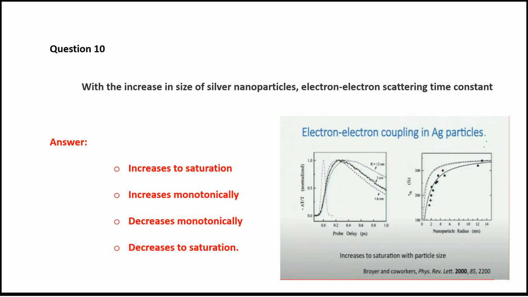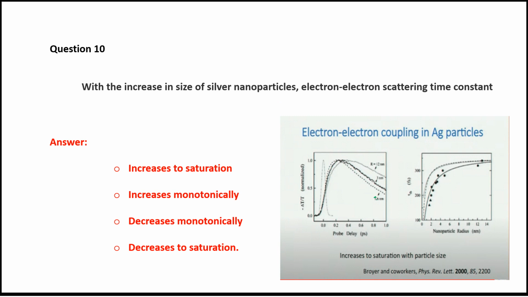In yet another experiment, done in the year 2000, they took silver nanoparticles and calculated the electron scattering time constant with the change in size.